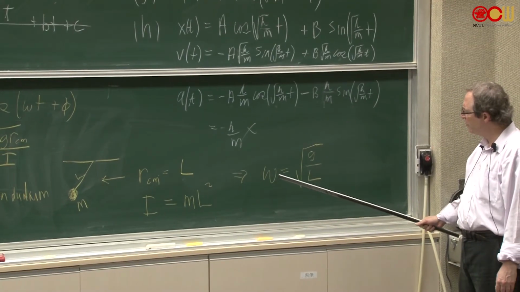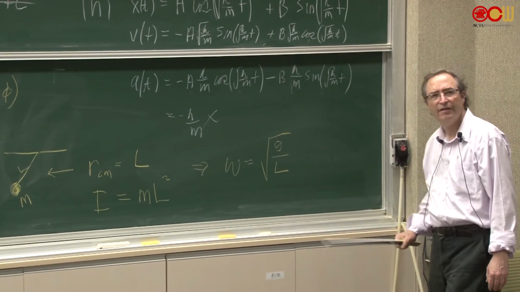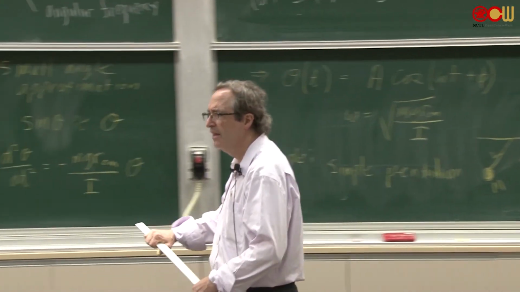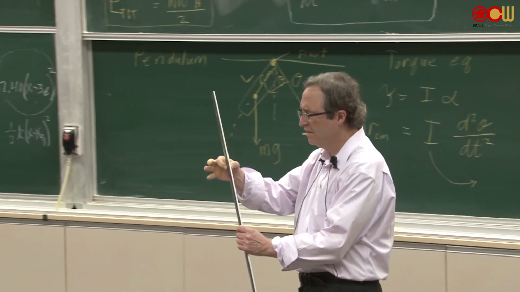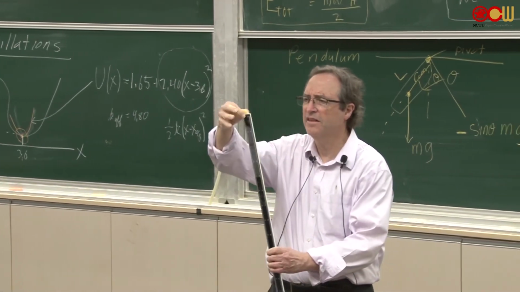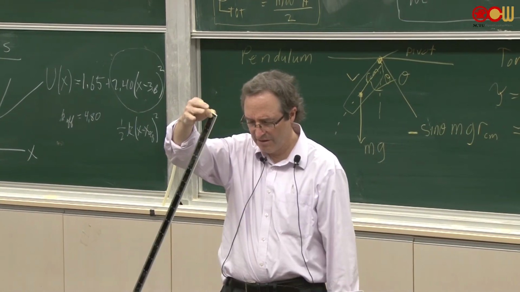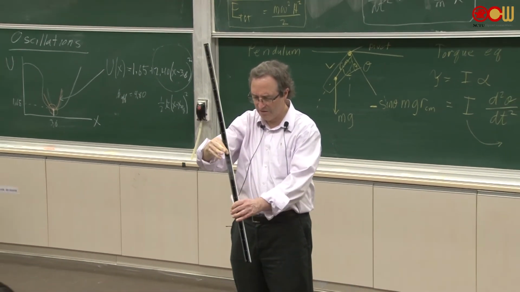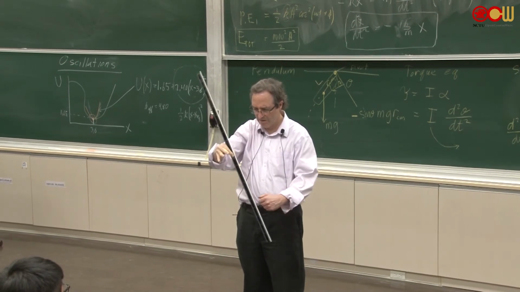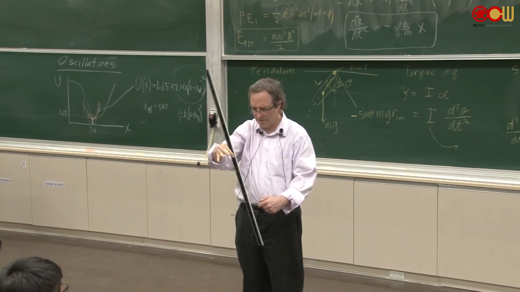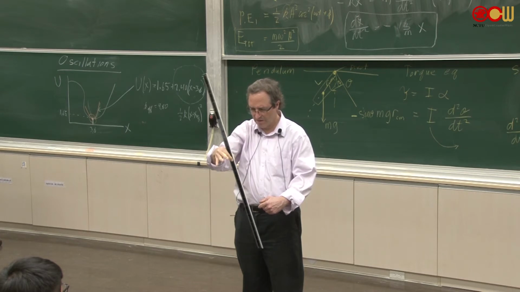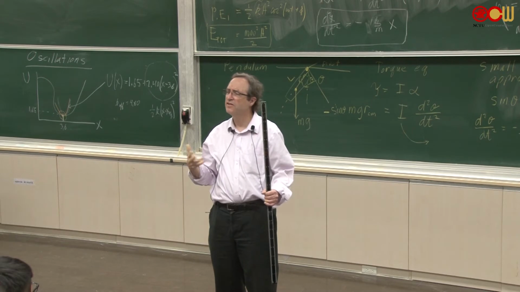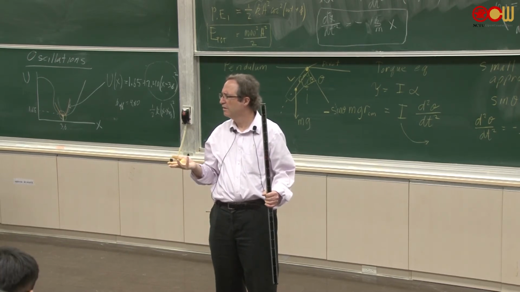How does the frequency depend on L? So L, the length of the thing, we would expect different frequencies. Let's see if we can see this. All right, now I'm going to do this. So the frequency was bigger or smaller as I made L smaller?